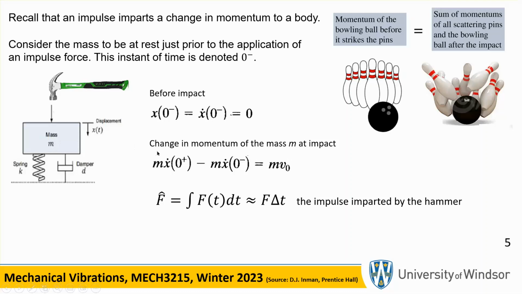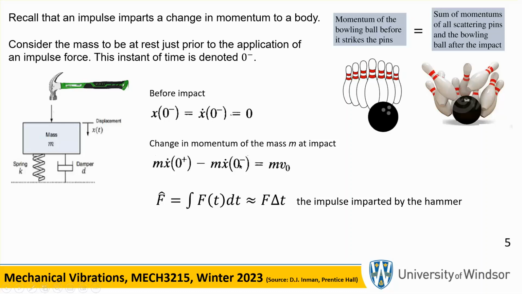Now, don't be confused. This is not saying anything about momentum conservation. This is the change in momentum: momentum after the hit minus the momentum before the hit, except that this one is zero. I know that. And this one I decide to write as m v naught.